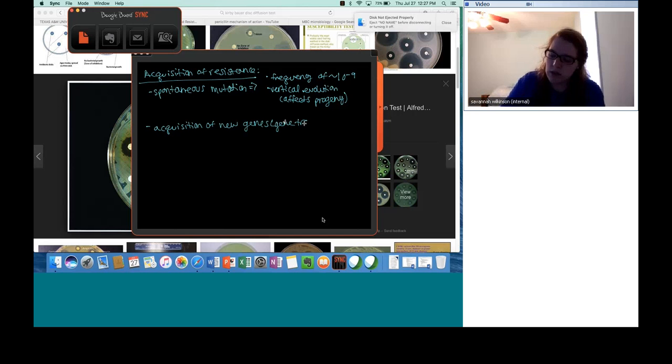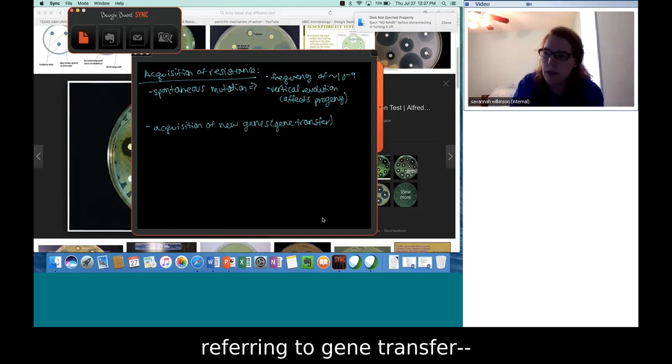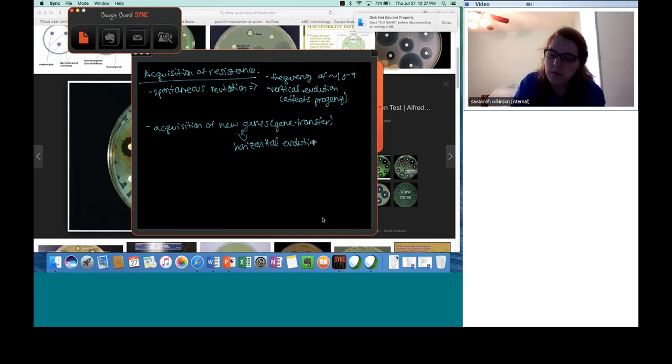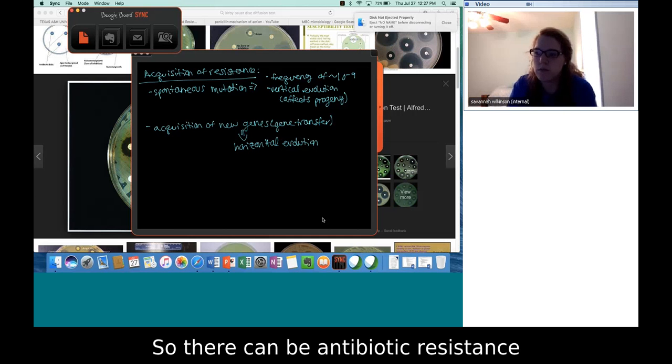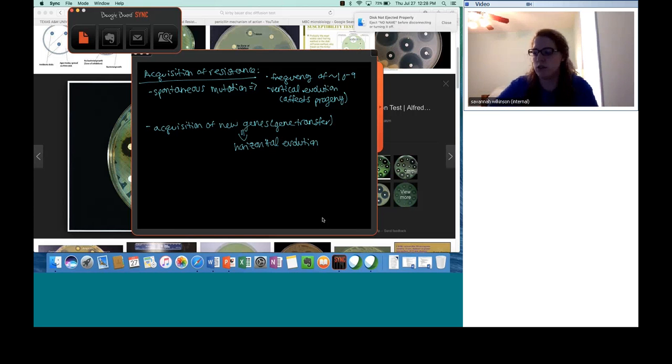Okay. Acquisition of new genes is basically referring to gene transfer. So horizontal evolution. So there can be antibiotic resistance through spontaneous mutation or gene transfer. So vertical evolution or horizontal evolution.